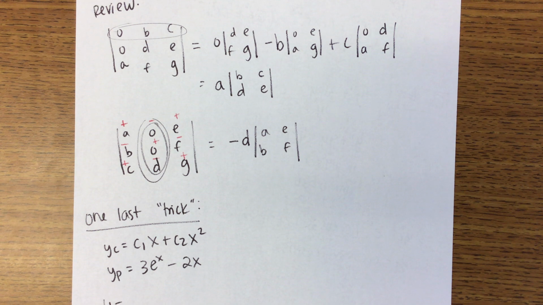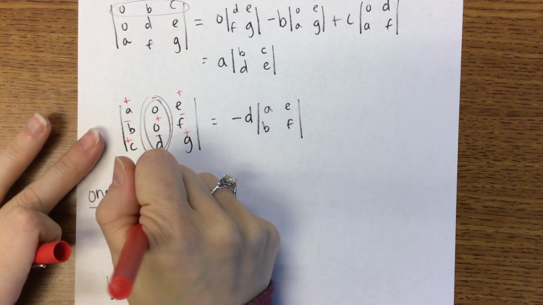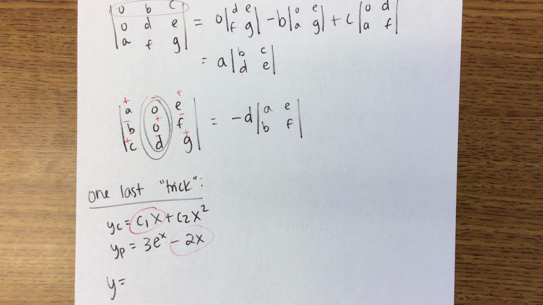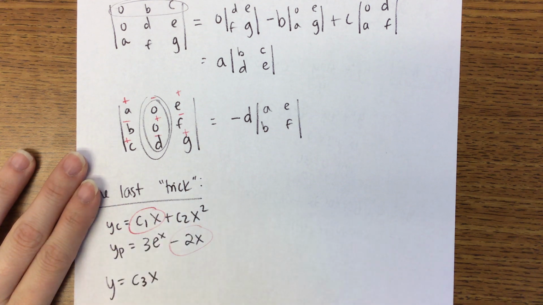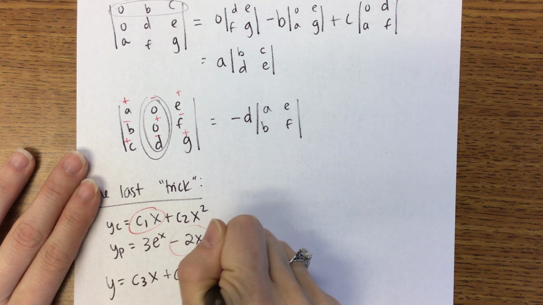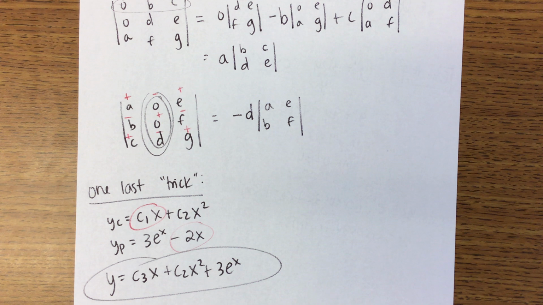Your general solution is going to come when we add those two together. Now, this term and that term can be combined. They're both a coefficient times x. So you could write that as c3x plus c2x squared plus 3e to the x. That's a nicer way of writing it than writing the x term twice.